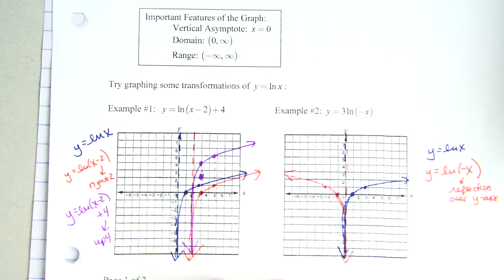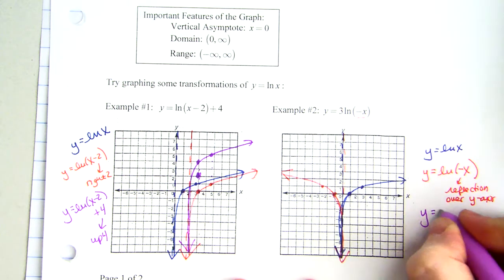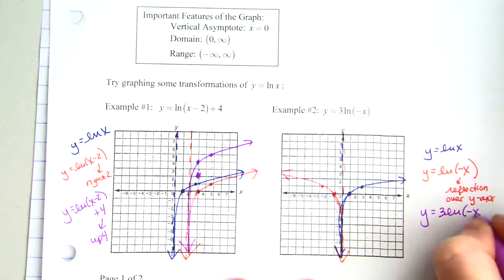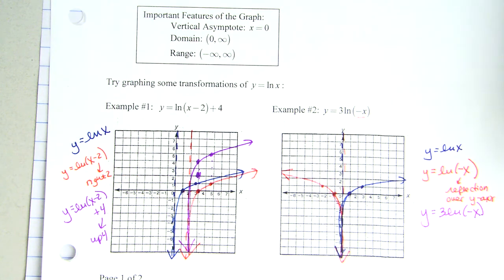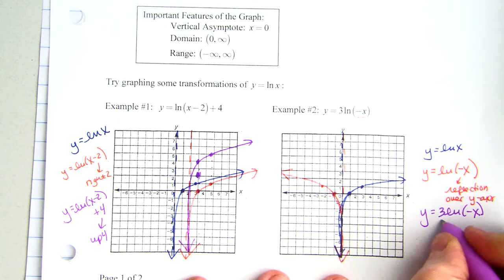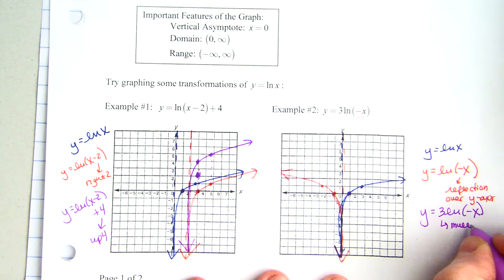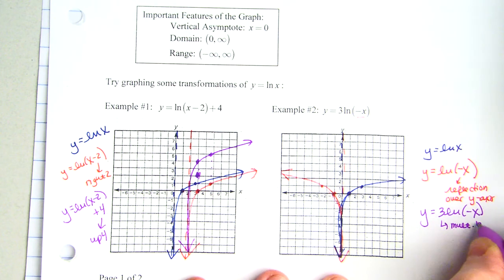Then I'm going to deal with the 3. Do you remember what a number outside your function will do? Number outside your function is going to multiply the y values by that number. It's a vertical stretch by a factor of that thing. Multiply the y values by 3.